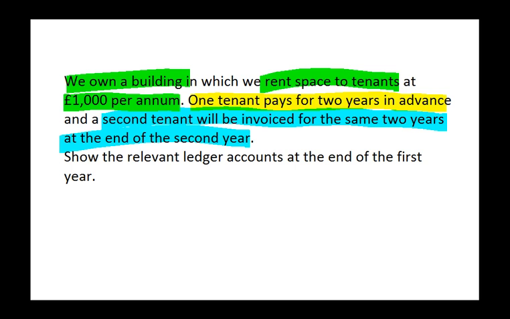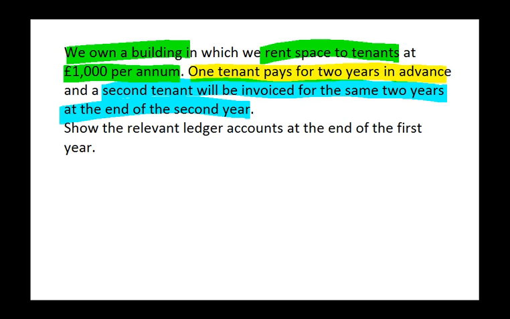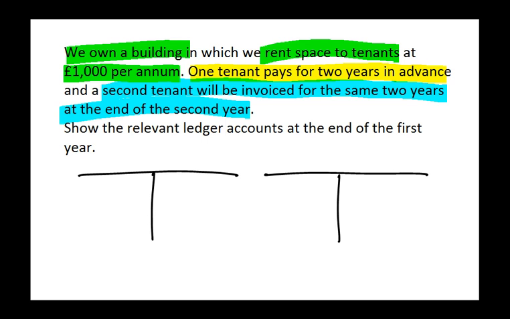Now, let's just think what would happen here if we weren't using accrued and deferred income. Let's imagine we were not applying our accruals concept. Accrued and deferred income is just an example of the accruals concept, just like accrued and prepaid expenses. If we weren't using accrued and deferred income, the double entry here, well, we're receiving cash.